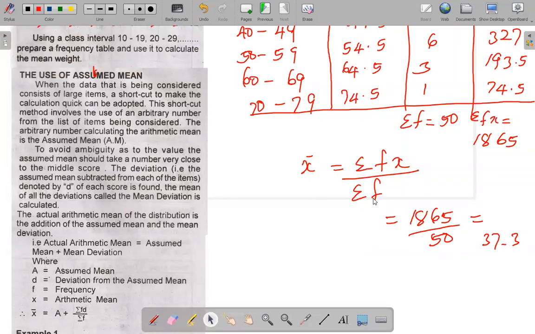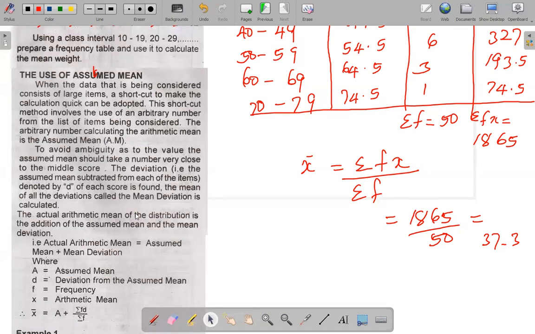To avoid ambiguity as to the value, the assumed mean should take a number very close to the middle score. The deviation, that is, the assumed mean subtracted from each of the items, which is denoted by D of each score, is found. The mean of all the deviations, called the mean deviation, is calculated.